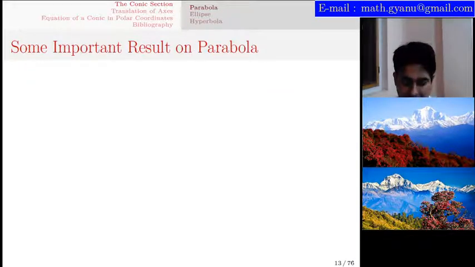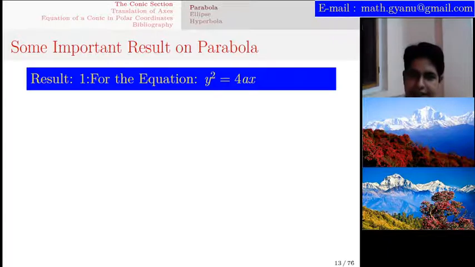Now, here I will mention some results on parabola, listing some important results. Especially we state here the coordinates of vertex and the equation of directrix for the different forms of parabola. Let's see. First of all, result 1 for the equation y squared equals 4ax.